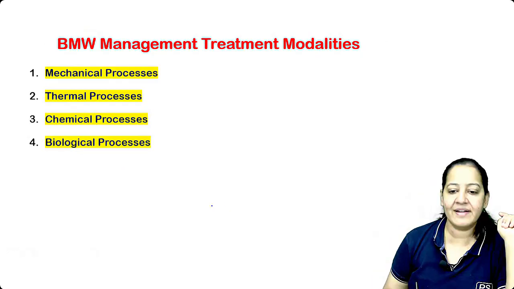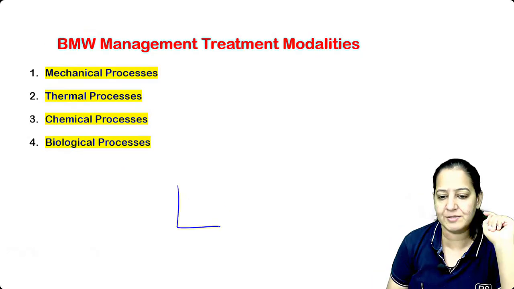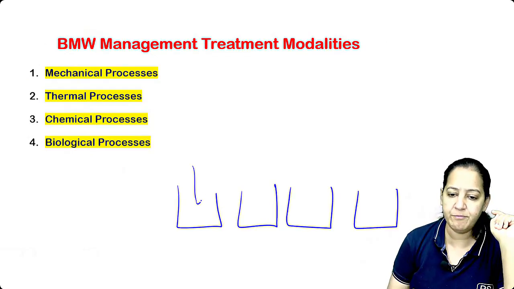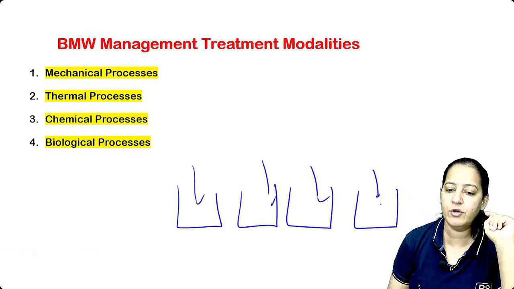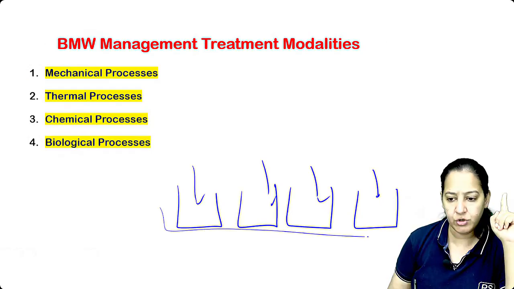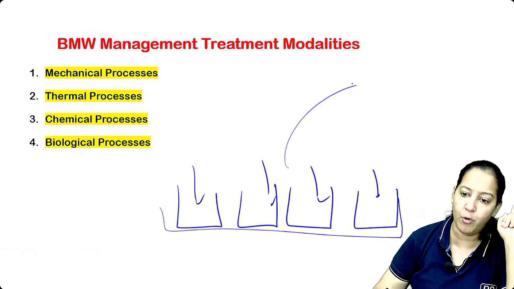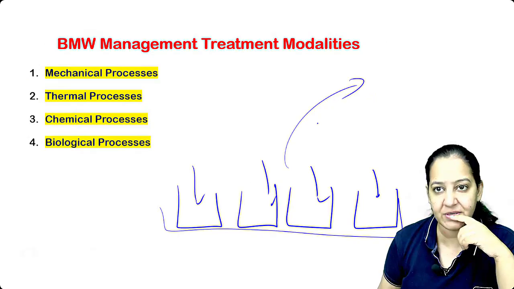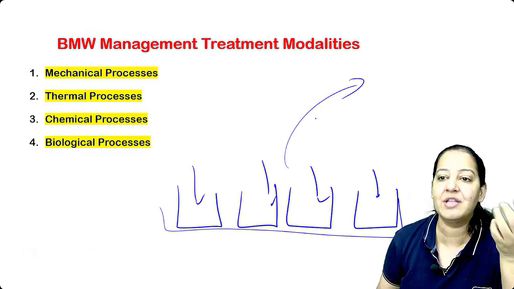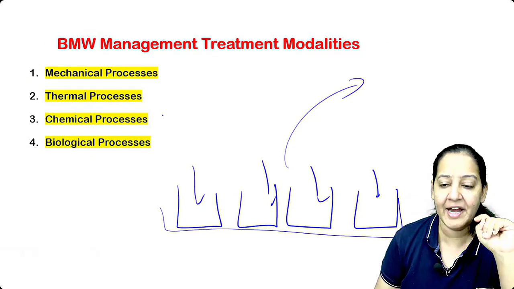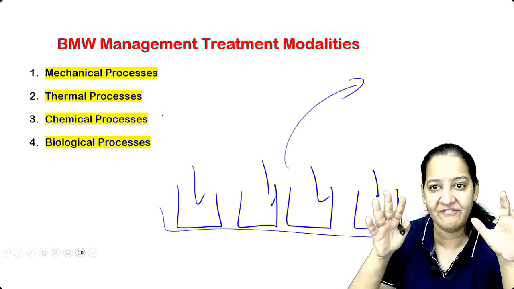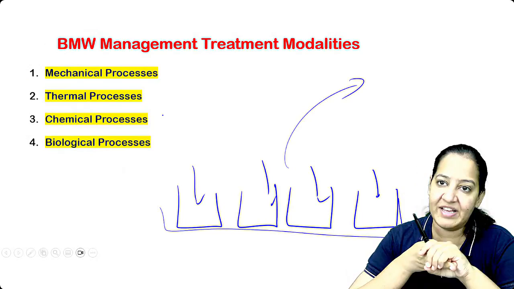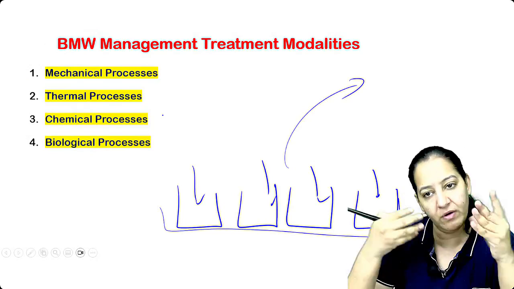Does anyone have any confusion? Now, you have collected the waste in dustbins: yellow, red, white, and blue. Now what will you do? These dustbins are transported to the place where this waste will be managed. There is a central biomedical waste management area in every city.